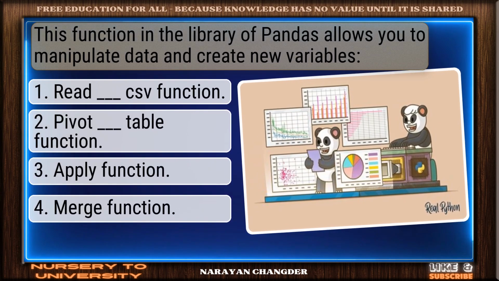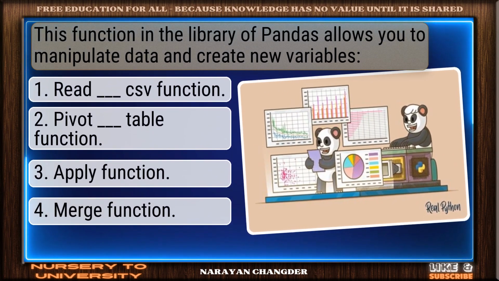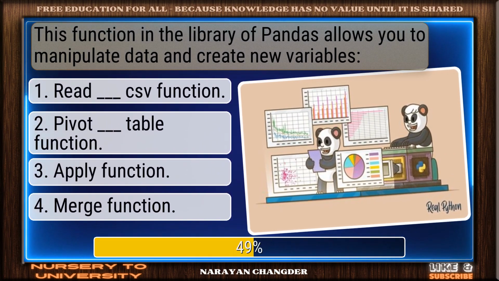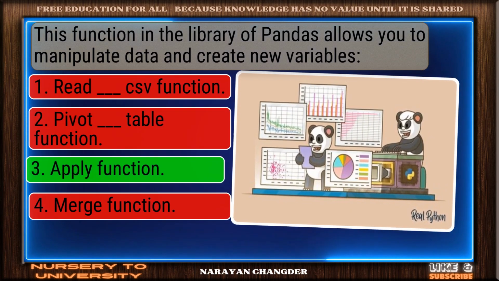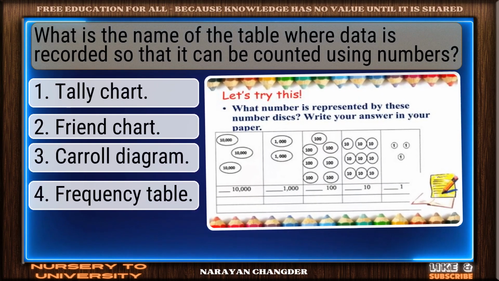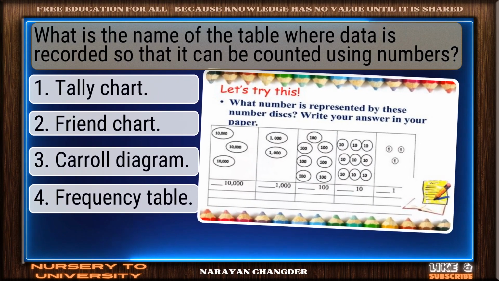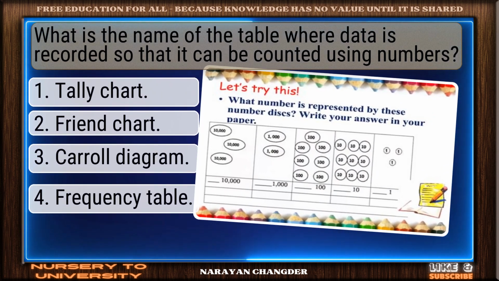Question number 13. This function in the library of pandas allows you to manipulate data and create new variables. Well picked. Apply function is the correct answer. Question number 14. What is the name of the table where data is recorded so that it can be counted using numbers?